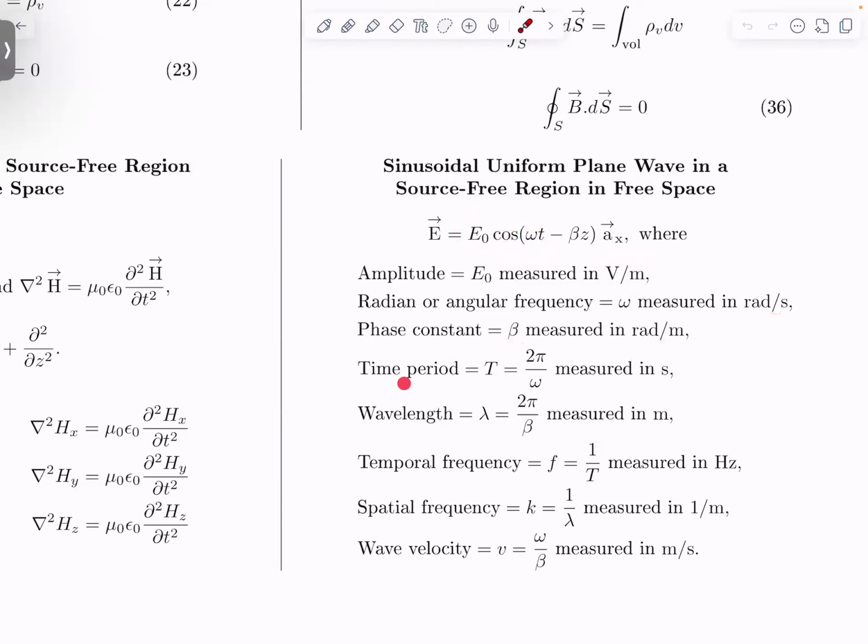That would be finding gamma squared first, because since omega, mu, sigma, everything is known, we can plug this expression in our calculator and get gamma squared. And if we have gamma squared, we can take the square root of that to get gamma. The real part will be equal to alpha, and the imaginary part will be equal to beta. So we have two ways we can do this.